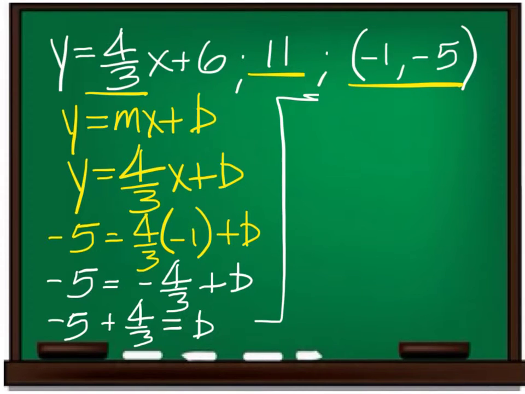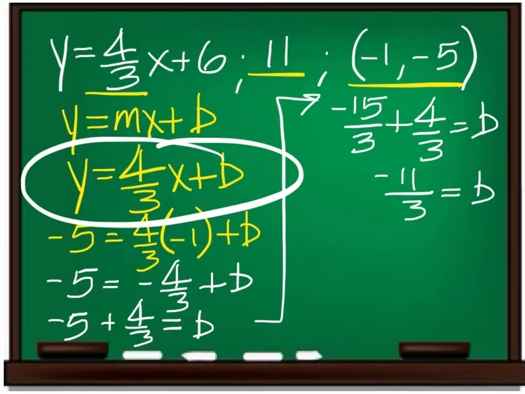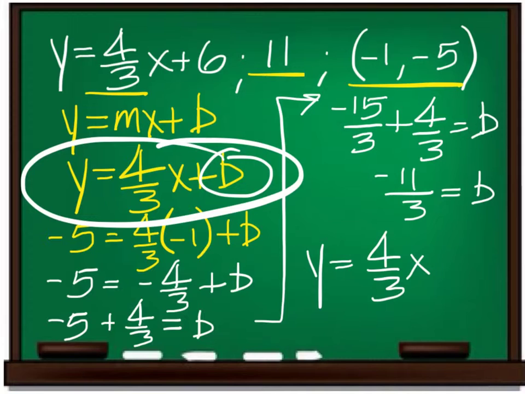But now we need a common denominator of 3, so it's a negative 15 over 3 plus 4 over 3. And that's a negative 11 over 3. Plug it back in here for b to get y equals 4 over 3 x minus 11 over 3.